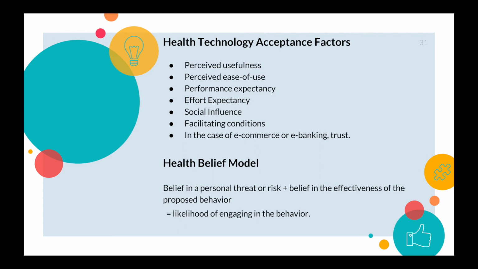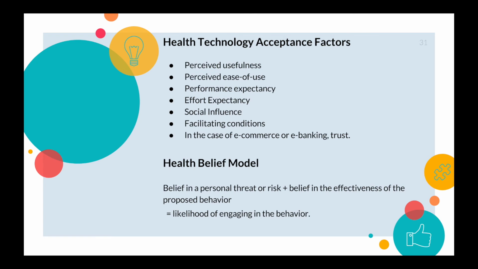Researchers have derived many theories about health technology acceptance in general, and created models that help us understand the journey a new technology can take from creation to implementation and acceptance. The particulars of the theories vary, but they include factors such as perceived usefulness, perceived ease of use, performance expectancy, effort expectancy, social influence, and facilitating conditions, and in the case of online shopping and banking, trust.